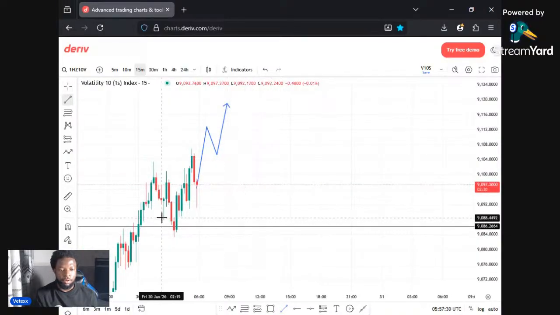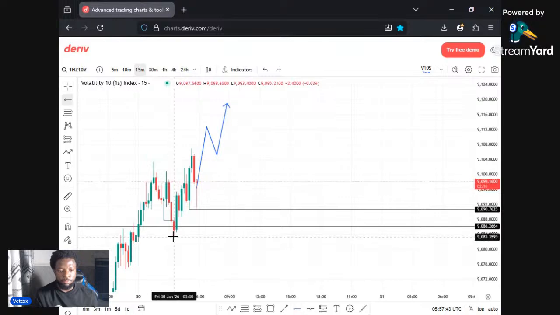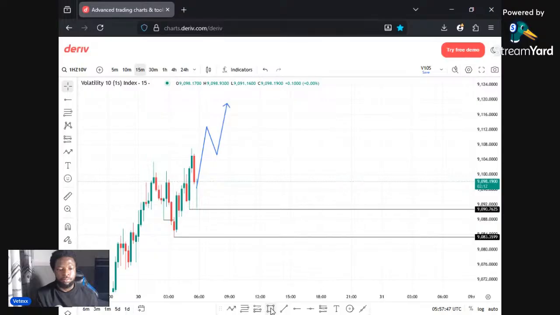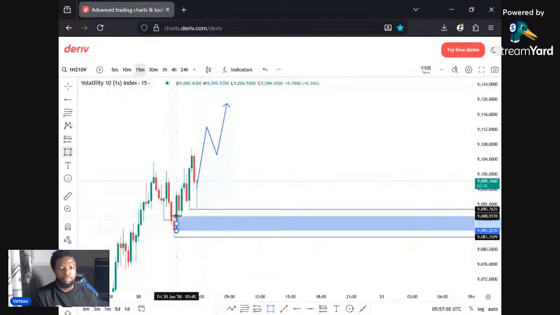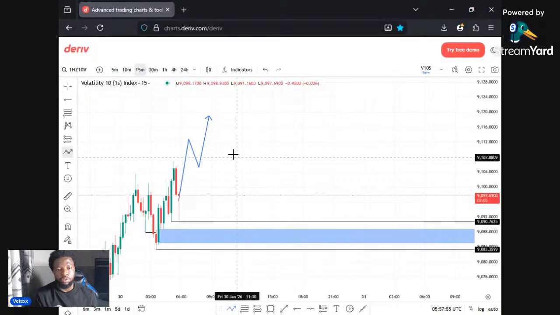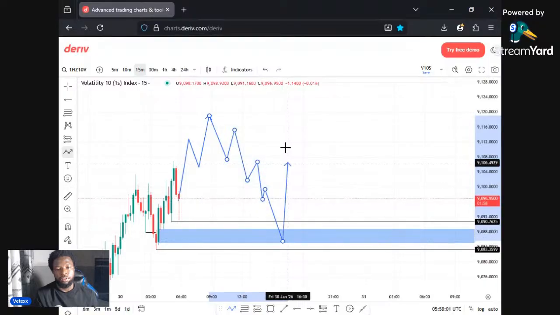So volatility 10S, synthetic indices. We have this. We're going to be anticipating this, but we want it to push up a little bit, and then we can start waiting for it to come down. When it comes down, we can buy to the upside.